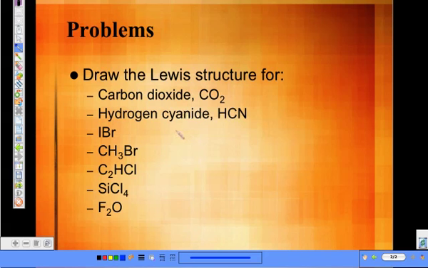Okay, so this is the C2HCl. Hydrogen can only have 2 electrons.